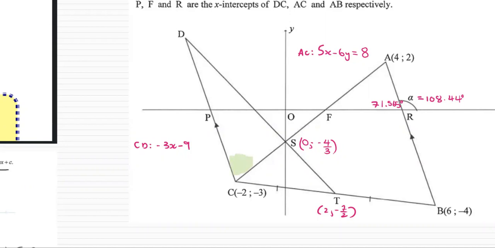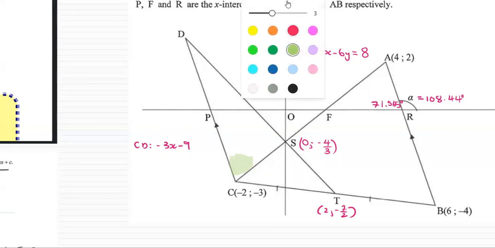So I filled in some of the information from the previous questions 3.1 and 3.2. All the pink writing here is all the information we had. This is angle DCA, and I want to talk about how I'm going to approach this question. First, notice that there are parallel lines given.